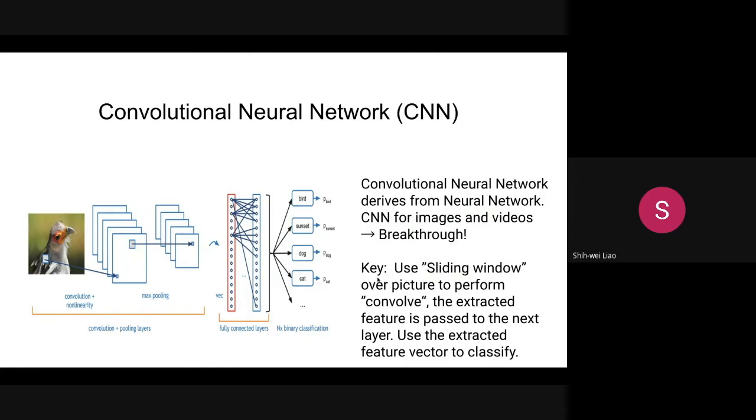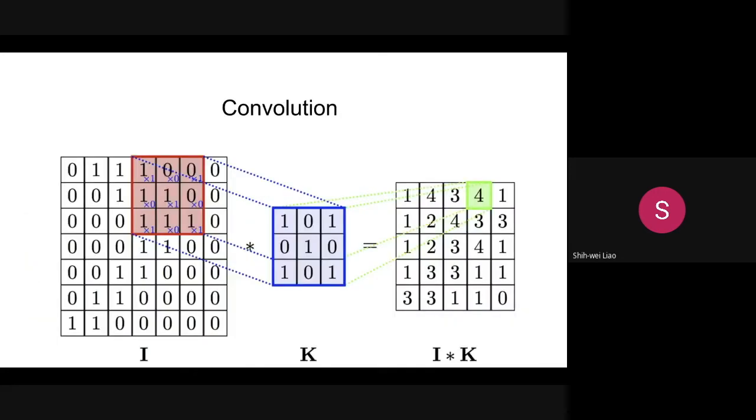As we will show you in the coming slides, we use a sliding window in our convolution layer. Basically, you slide this window of a 3 by 3 convolution matrix across the image, and each window performs a convolve operation, which is basically an element-wise inner product. Let me show you in this picture.